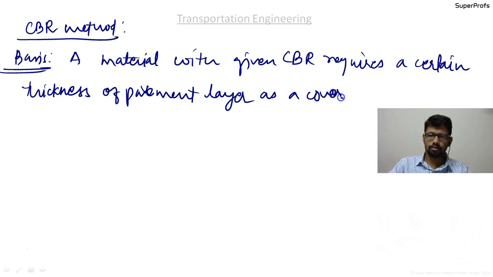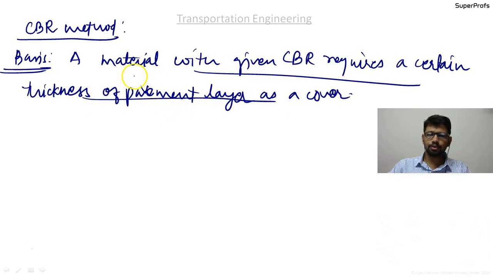That means the input will be the CBR value, and the output we will get is the thickness. So the CBR design curves are of this kind.